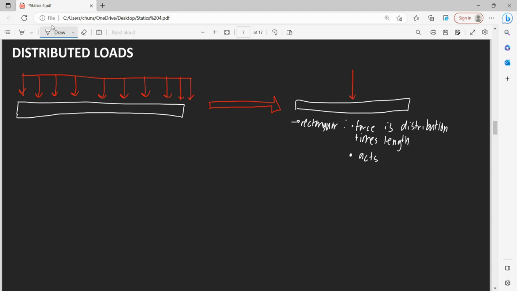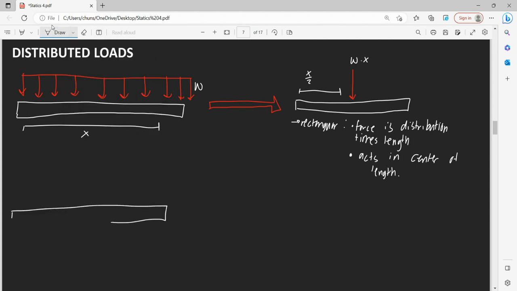And it acts in the center of the length. So then if this whole length was x, this would be acting at x over 2. And if we call this w, our magnitude is w times x, still acting in the same direction.